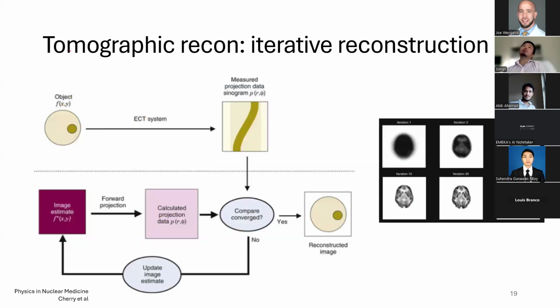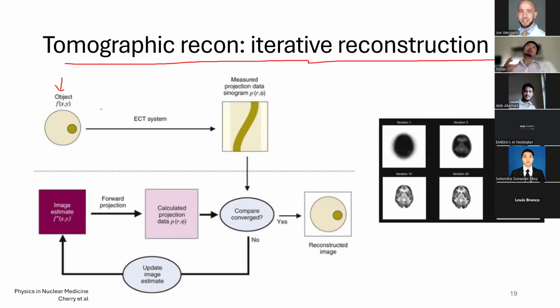So once we acquire the images, what do we do with that? In nuclear medicine, the reconstruction is done by iterative reconstruction. There are different models, but the essence is pretty much the same. You have an object, and then you acquire the images or the data, and then you rearrange the data.